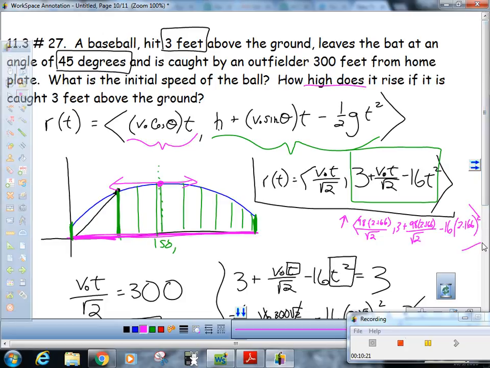Let me pop that in the calculator. And you get about 150, 78.